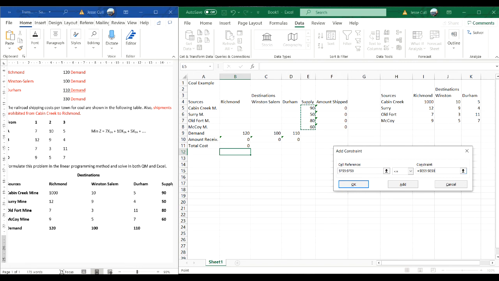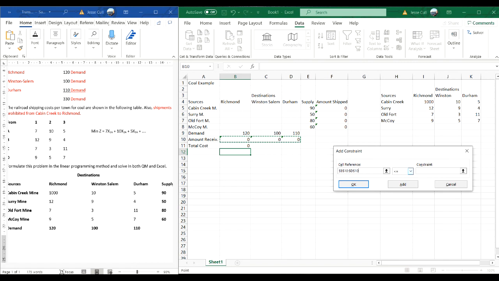Now, in this situation, we know we're going to ship all of it, but this equation, the way it's set up, is no problem. So we add that, and we add our second one. And that is the amount received must be. And if we try to make this equal, it will not work. If we try to make it greater than or equal, it will not work because we do not have enough.